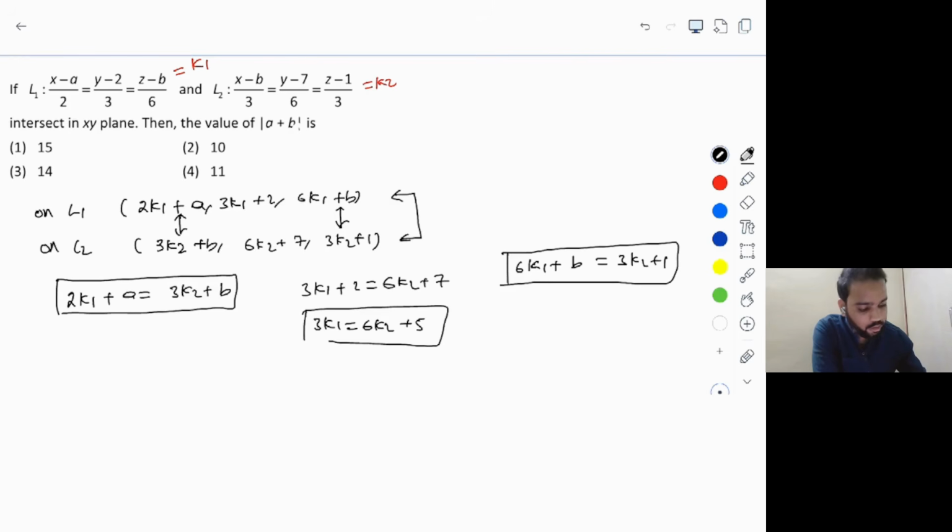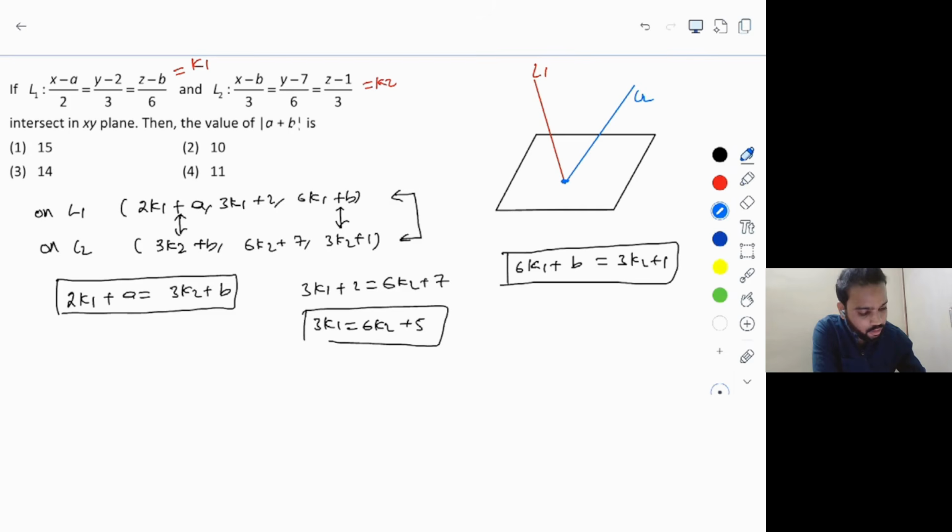Now let's come to the interesting part here. They said that the two straight lines are intersecting in the xy plane. Let's see a rough diagram so that we get more clarity. This is line L1, and let's call this line L2, and both are meeting here.